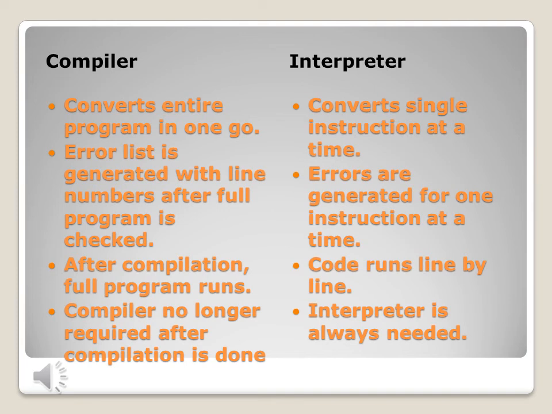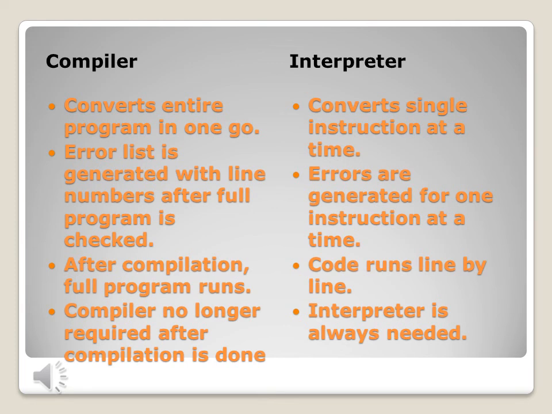In a compiler, if there are some errors in our program, then the list of errors with the line number is generated once the full program is checked, while in the interpreter the errors are generated for one instruction at a time. In interpreter the program will run line by line.